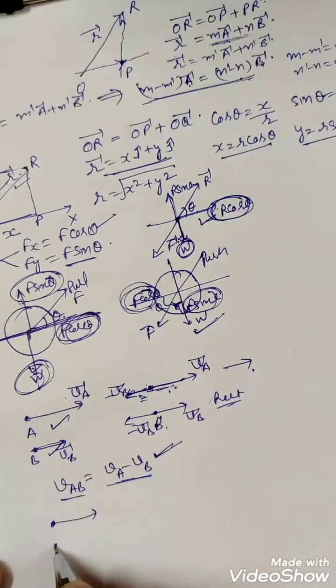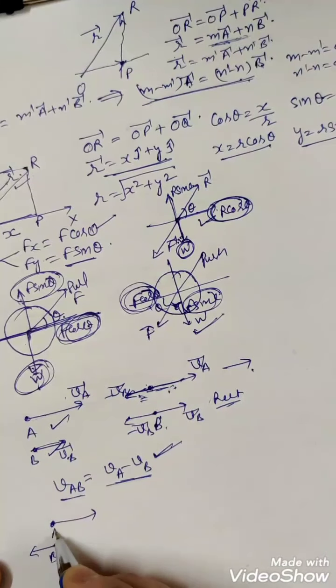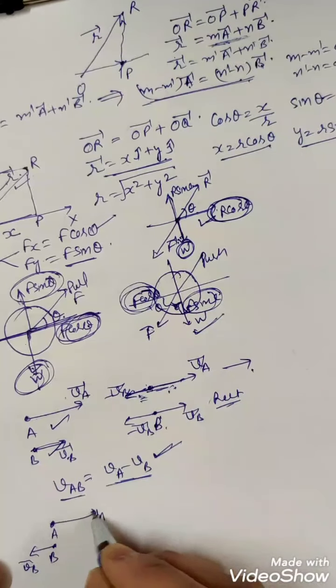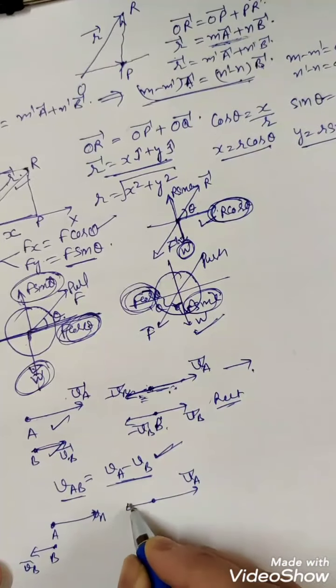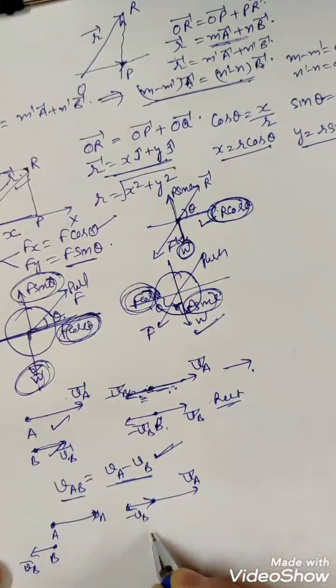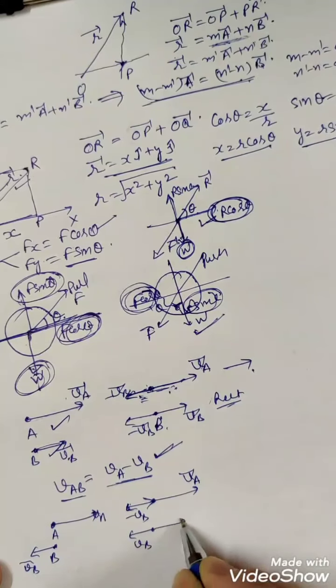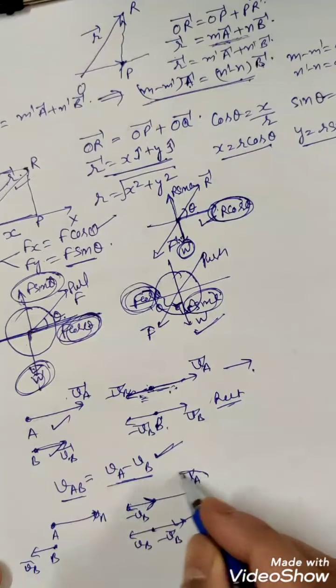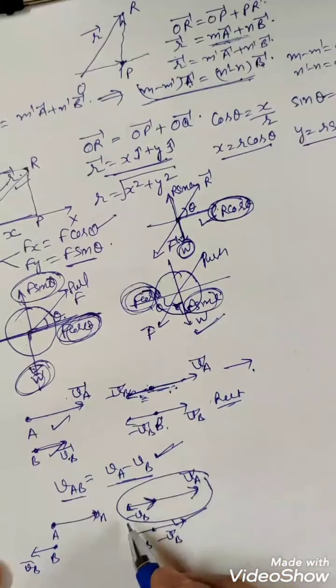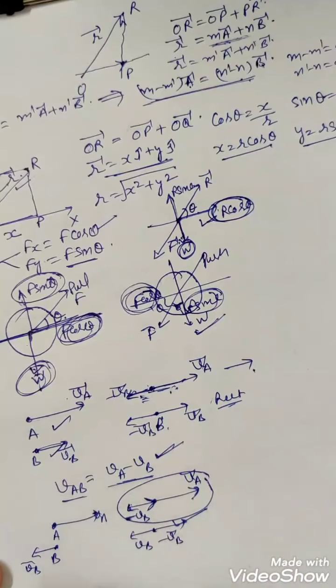But if they are in opposite directions, when you superimpose the opposite of B, the arrows are in the same direction, which means their magnitudes are added. The negative is only the direction, so in magnitude the velocities are added.